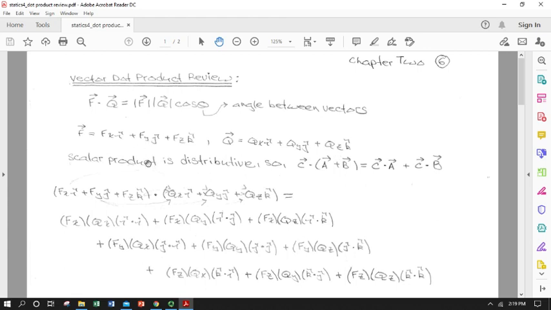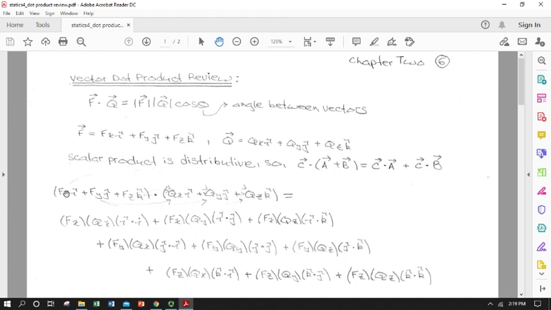Okay, so we snuck in another property here, which we'll skip for the moment. But let's just work on writing the dot product. Okay. So the way we're going to do this is to actually use the good old FOIL method.